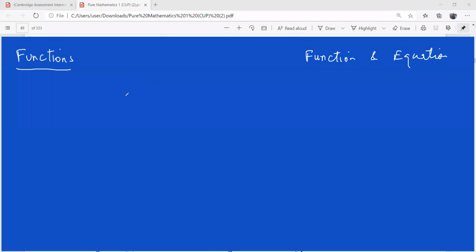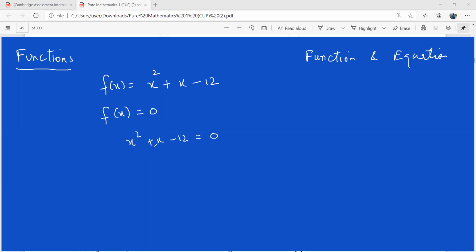Now, for example, there is a function f of x equal to x squared plus x minus 12. When you're given, find x for f of x equal to 0, you make it x squared plus x minus 12 equal to 0.